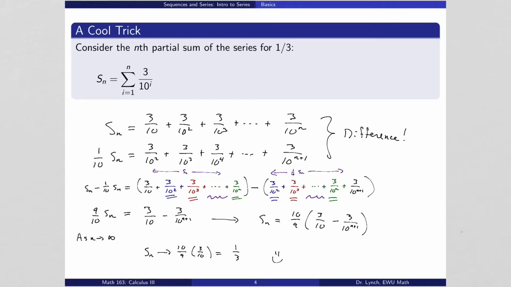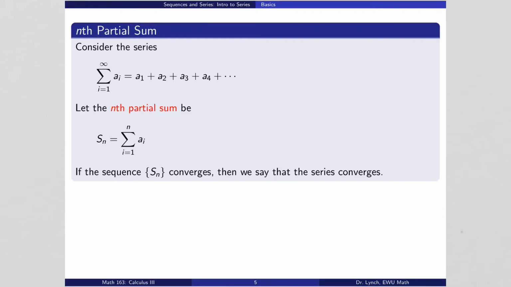It so happens that this is exactly how we define convergence of any series. Here's the definition of the convergence of the infinite series, the sum i equals 1 to infinity of a sub i. We define s sub n to be the nth partial sum of that series. You can imagine that we can always do this; we can always add up n numbers.